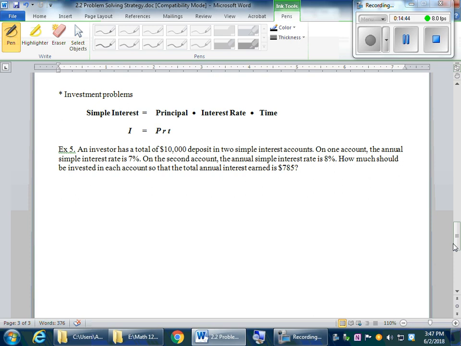Once we get into chapter 10 or 11, we will have a different interest formula, using exponentials to compute it. So let's review this simple interest formula first. Simple interest earned equals principal times interest rate times the time.